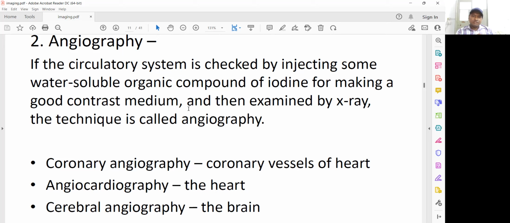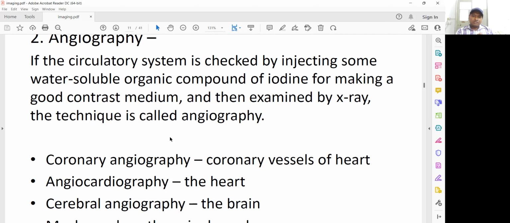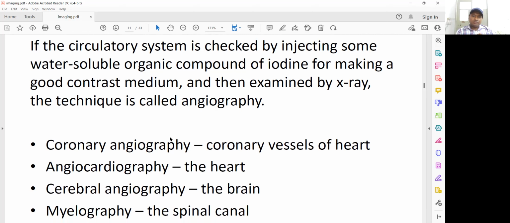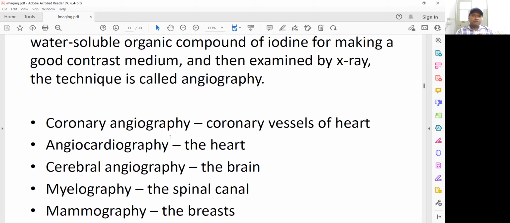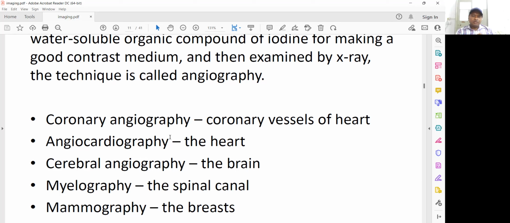And by using this technique, which we call angiography, the detection gets much clearer. Now coronary angiography is the test for coronary vessels of the heart. We will first inject some water soluble organic compound of iodine inside the coronary vessel of the heart, and then we will take the X-ray.